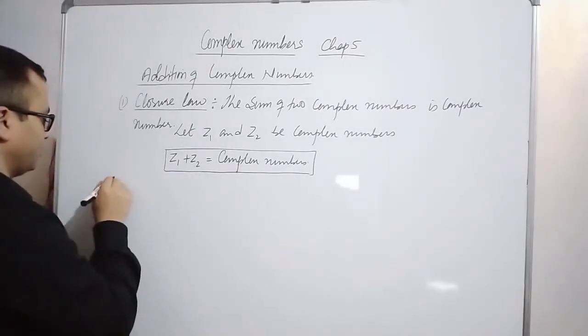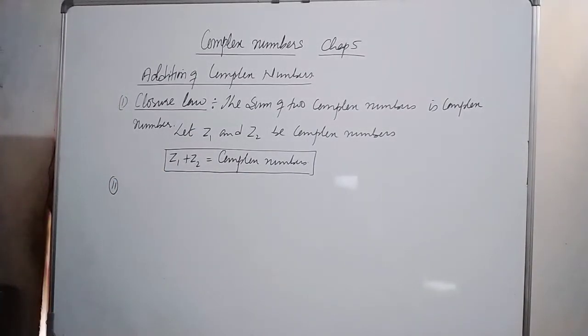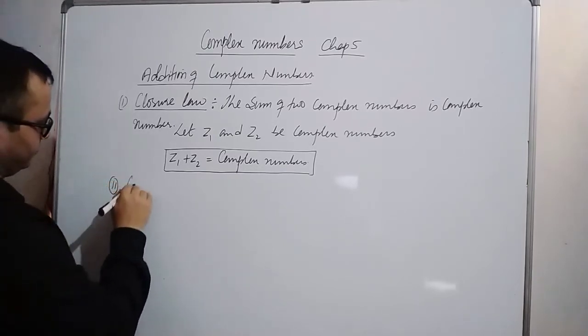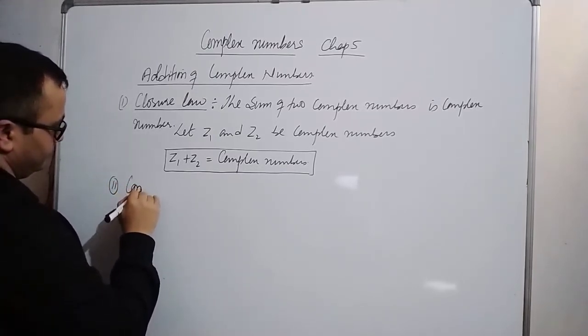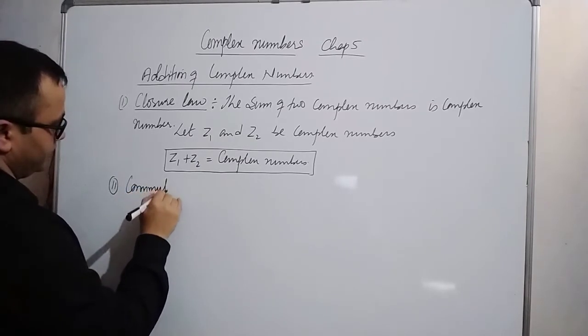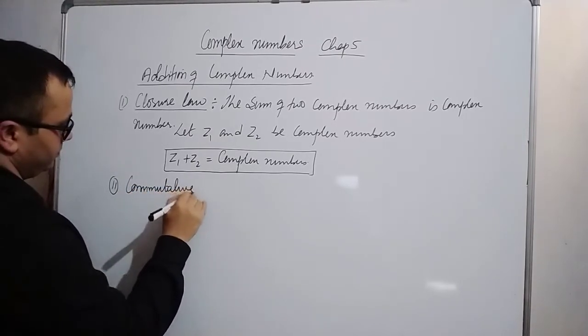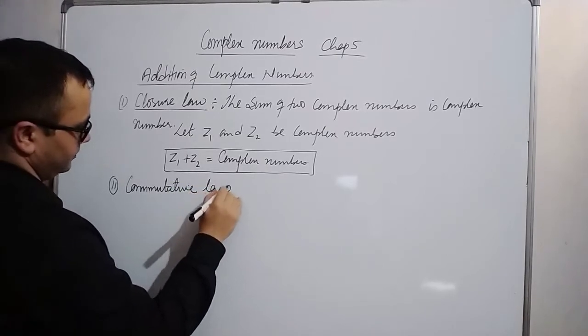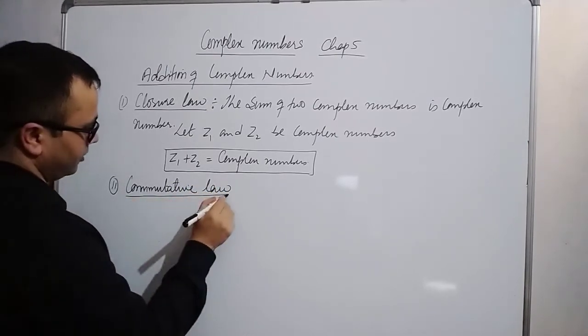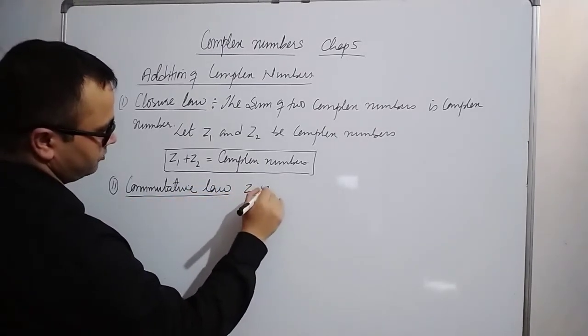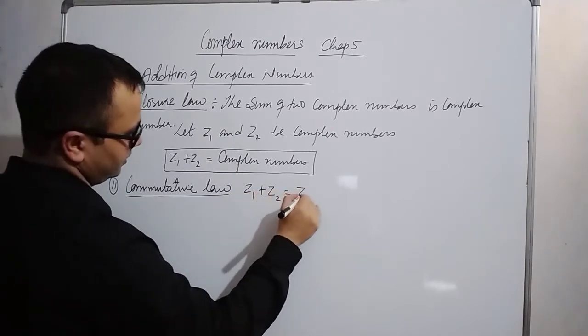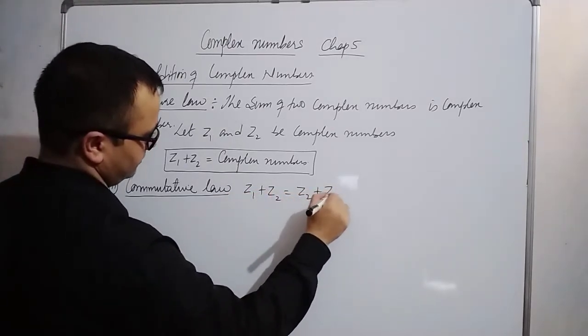Number two is commutative law. In commutative law, Z1 plus Z2 equals Z2 plus Z1.